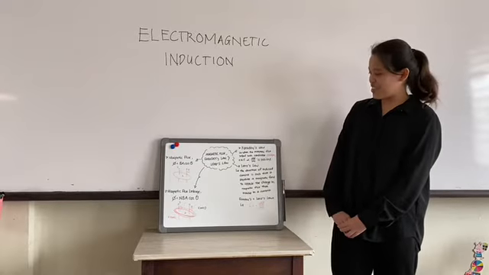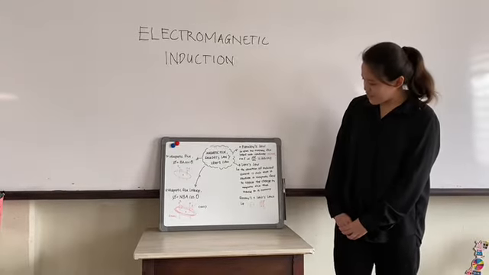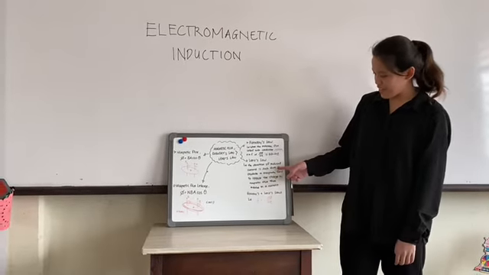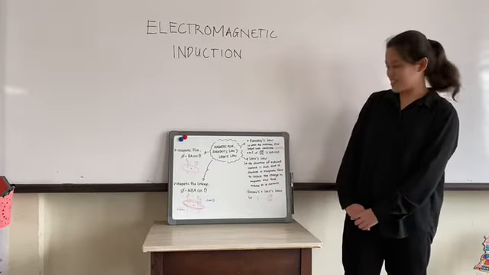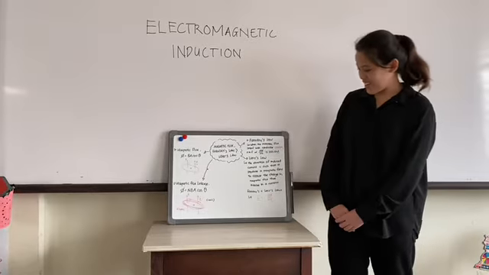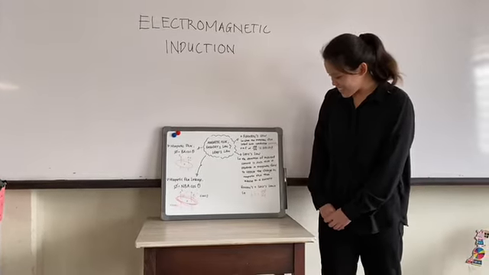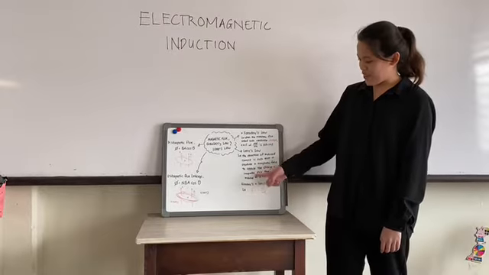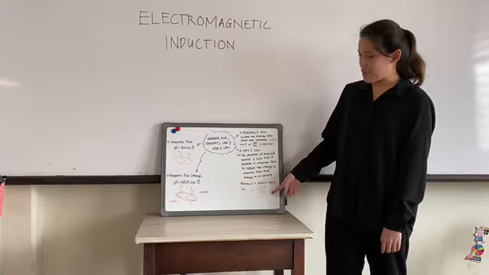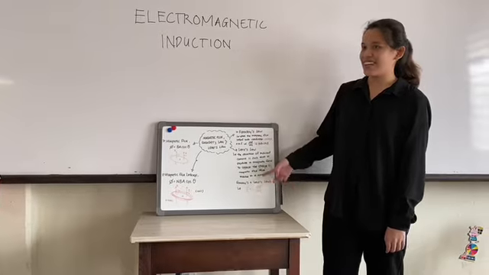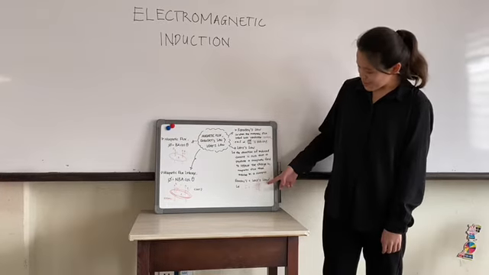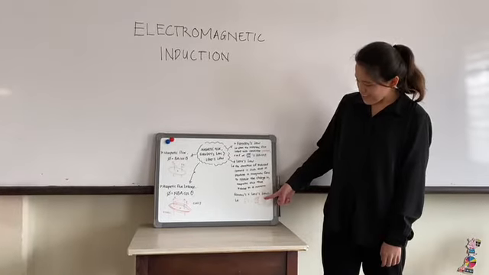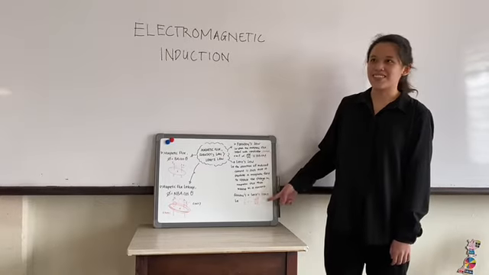And Lenz's law states that the direction of induced current is such that it produces a magnetic field to oppose the change in magnetic flux that induced the current. And when we combine Faraday's law and Lenz's law, we will get an expression which is induced EMF equal to negative rate of change of magnetic flux.